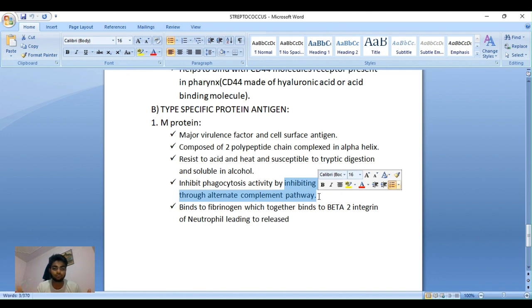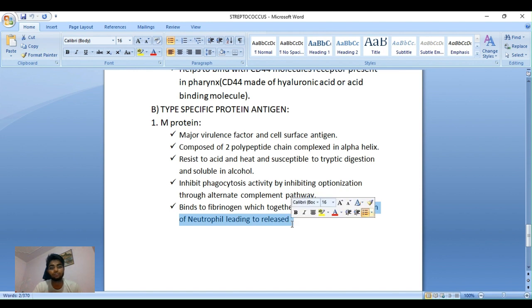We will discuss the alternate complement pathway in a further lecture. Through this alternate complement pathway, there is phagocytosis inhibition due to the presence of the M protein, and it also binds to fibrinogen, which together binds to the beta 2 integrin of the neutrophil, leading to release.